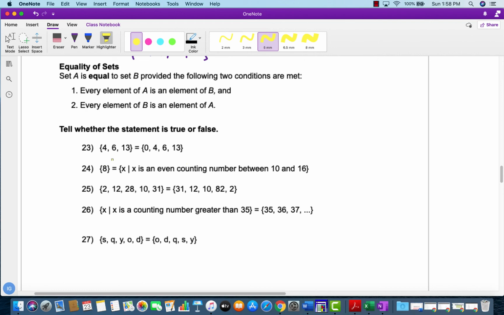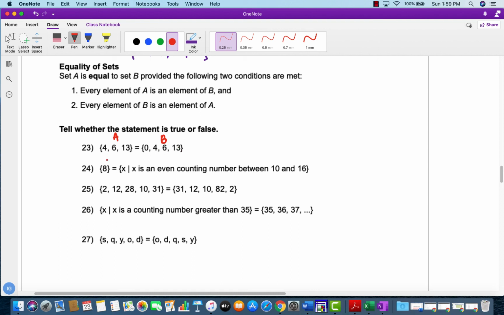So let's look at this one. Suppose we call this set A and this set B. Everything in A has to be in B. So 4, 6, 13, those are in set B, right? So that is true.